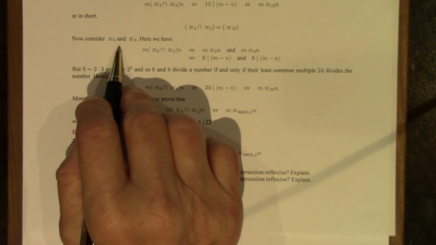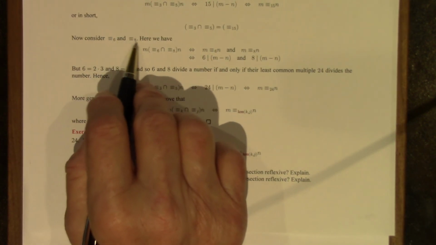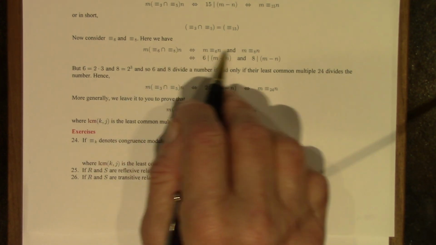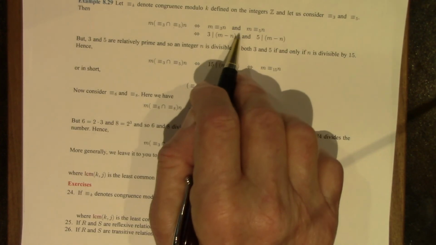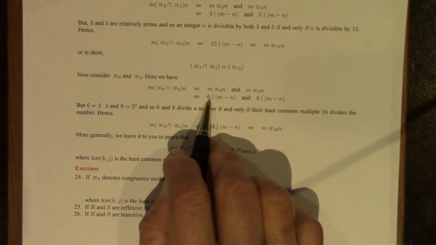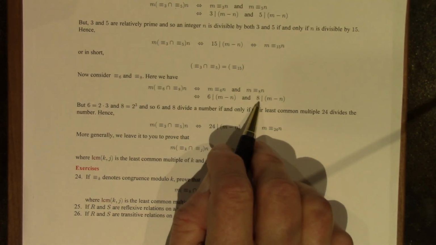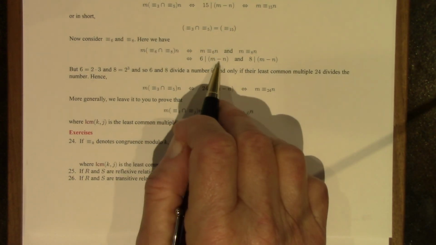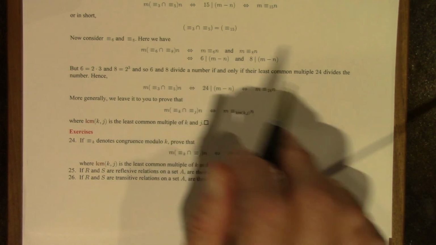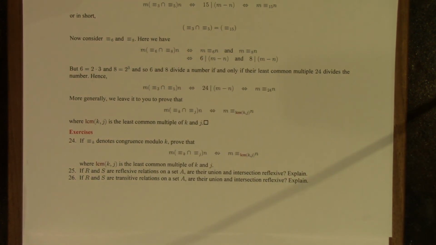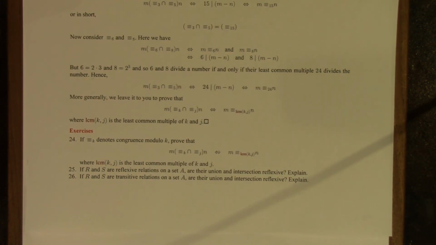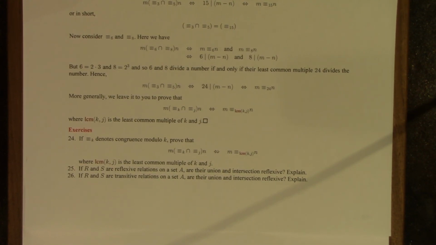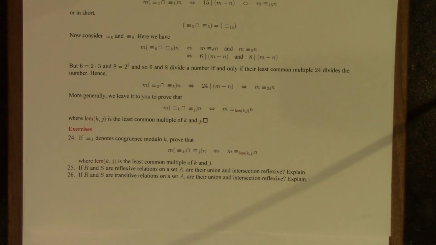You multiply because these are relatively prime. If we consider this case, congruence mod 6 and congruence mod 8, then the intersection would be like this. It's the same as we did here, except now the divisors are 6 and 8. A number such as m minus n is divisible by both 6 and 8 if and only if it's divisible by their least common multiple, which in this case is 24.